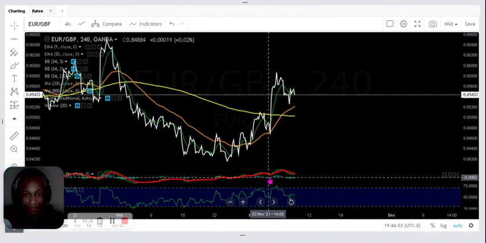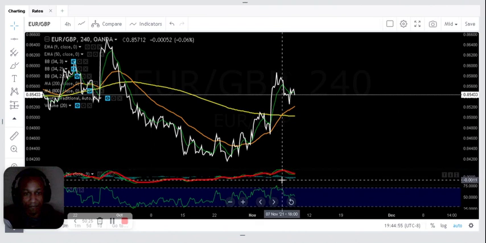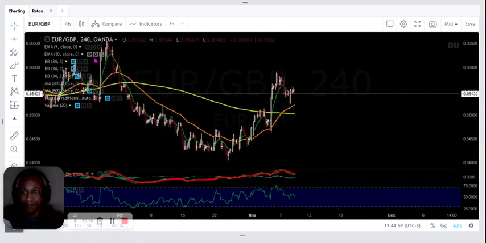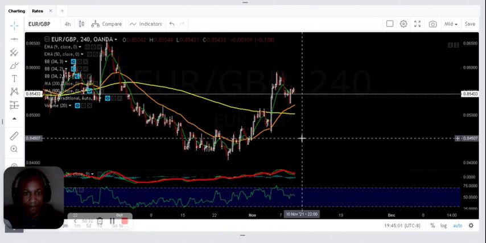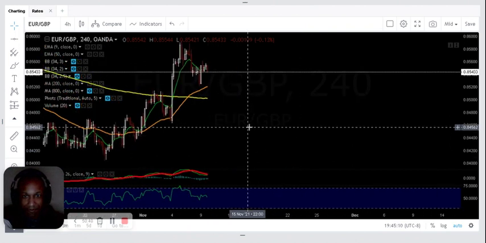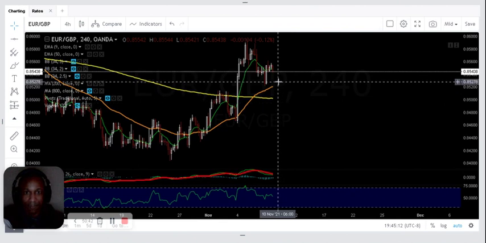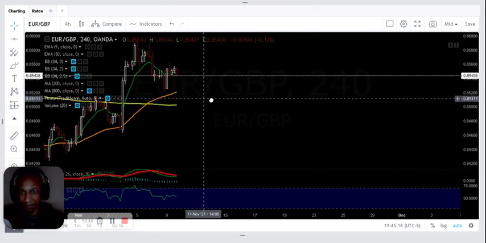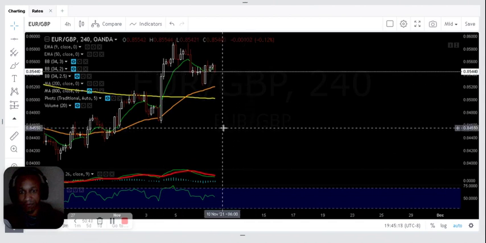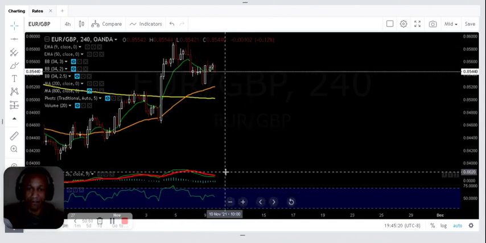So this line graph should match the RSI. Actually, it looked like price is consolidating right here, but it's matching the RSI.